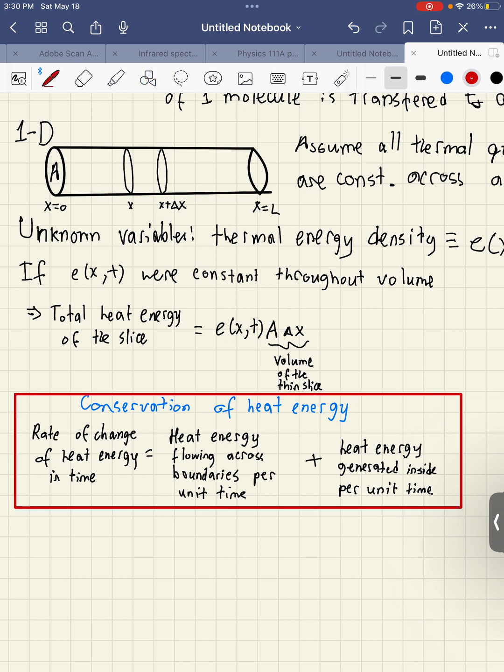Okay. Now, since we are mathematicians and not English people, we would like to rewrite this in terms of equations. So, as noted here, we define our total heat energy within the slice as the thermal energy density multiplied by the volume.